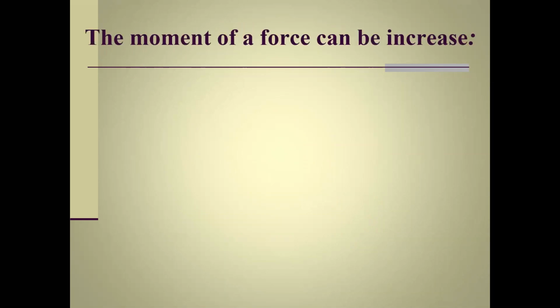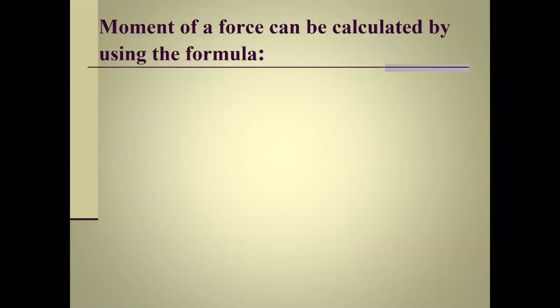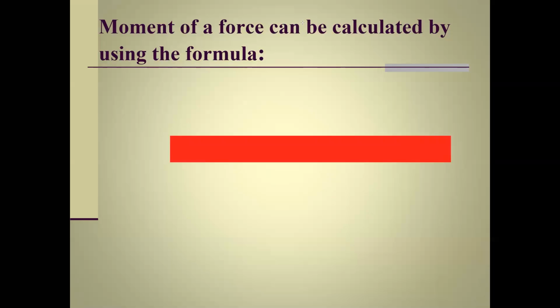So for example, an object which is fixed from one end. This is a point around which the object is fixed. The object can rotate. And you're applying a force of 30 Newton.